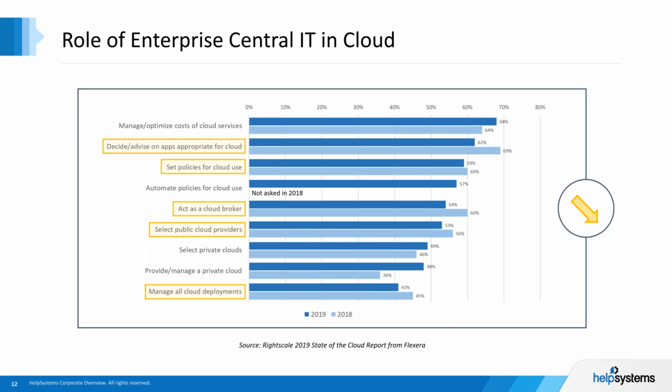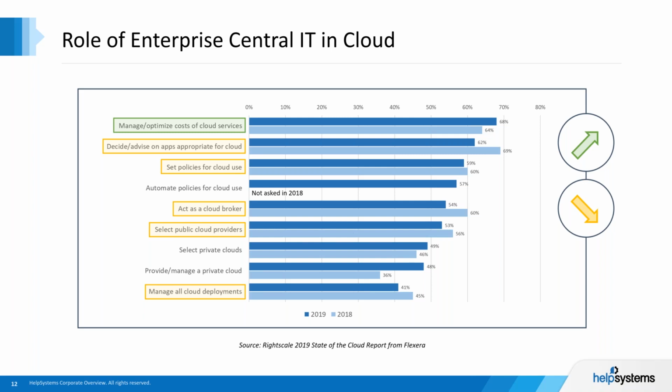So the business still wants central IT to stay away from a few of those decisions, and wants to be more in control. Whereas on the top line here, we see that the responsibility for managing or optimizing cost is increasing, and it's quite hard to do the green one if you're not in control of the yellow one.